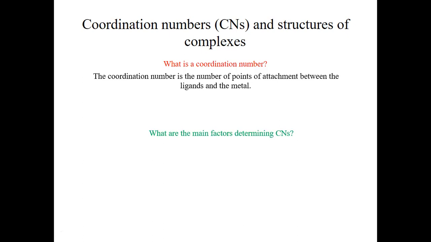First, let us look at the main factors determining the coordination number of a complex. Some of these factors have to do with the metal and some have to do with the ligands. Can you think about factors associated with the metal ion itself which may determine the coordination number of a complex?